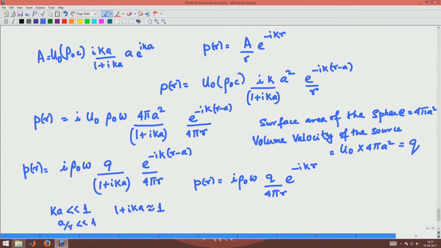So, a by r is also small. So, this time again we are saying that a is small in comparison to r. So, we are looking at distances which are far away from the radius of the sphere.